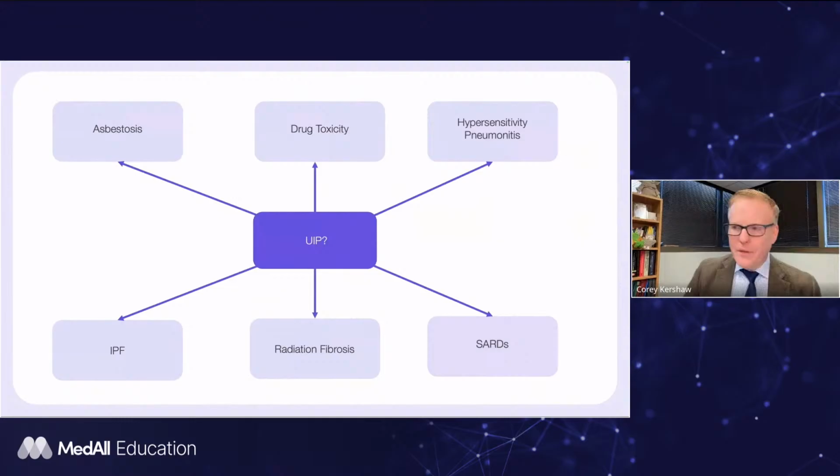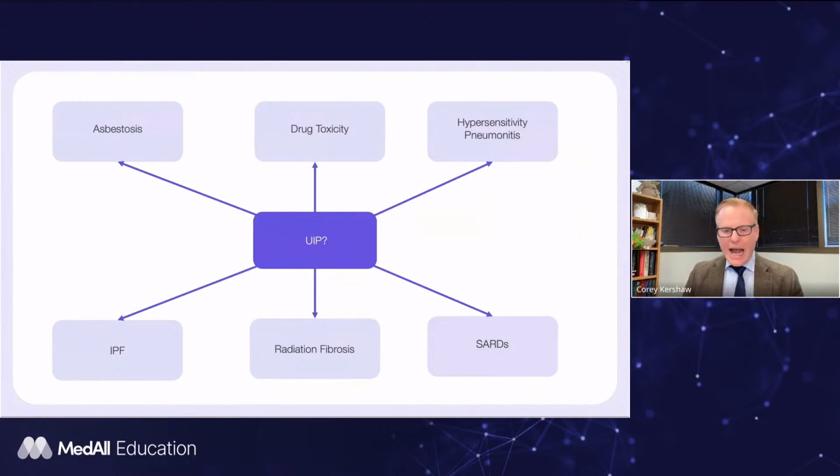The reason I keep bringing up the idea of without a cause is because UIP is not unique to IPF. You can have a UIP pattern in numerous other entities: drug toxicities, exposure-related lung disease such as hypersensitivity pneumonitis, systemic autoimmune disease, radiation fibrosis, asbestos exposure can all cause a UIP pattern.